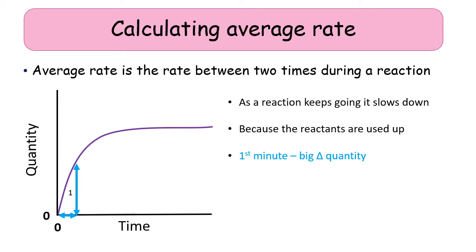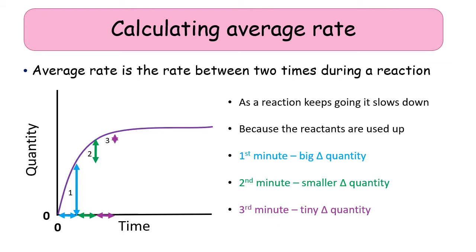Every minute of this reaction, we can see that the change in quantity gets smaller. And this is the rate slowing down. At the very end, when the graph is flat, your change in quantity is zero. So your rate of reaction is zero.